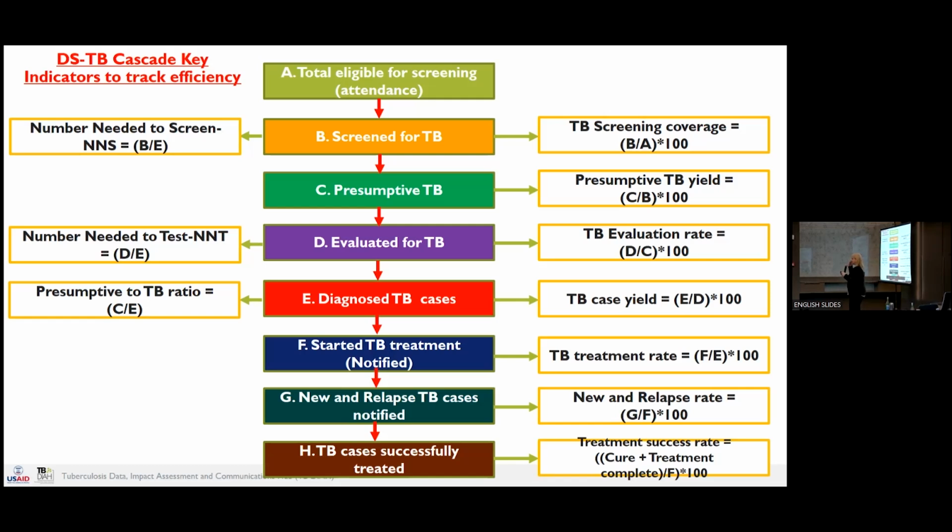And in the previous slide, I showed that, yes, but how many out of those eligible for screening could be presumptive? Say we had 1,000 presumptive, and only 700 passed screening, for instance. And out of 700, say we have 70 presumptive cases.